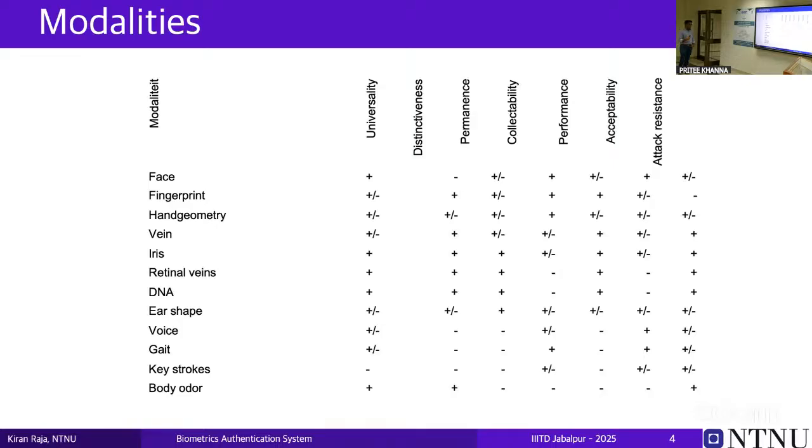So the idea here is that whenever you are trying to implement any biometric for your own use case, you need to make a detailed analysis of all this: what is positive, what is negative. From this simple chart, you can clearly see that some of the modalities often fail.